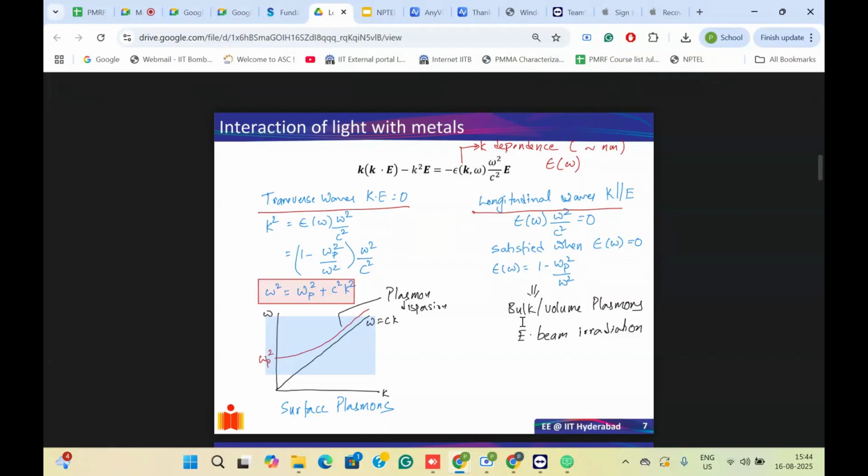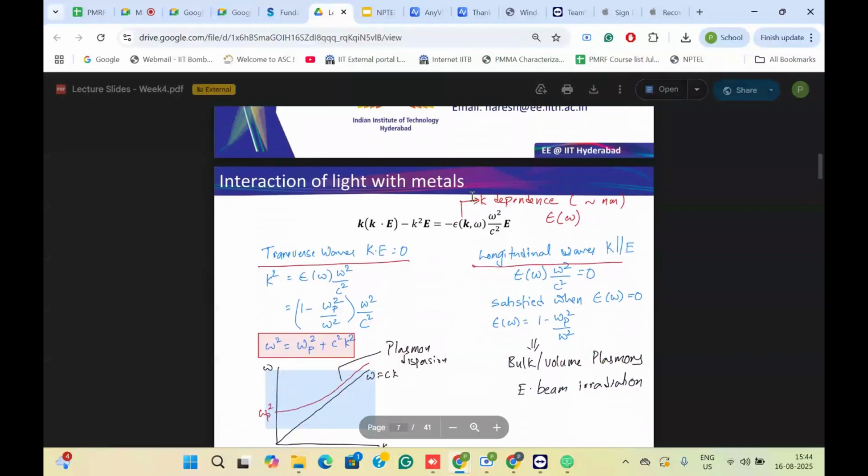Now the other case happens when we have the longitudinal wave. In that case, the wave vector is parallel to the electric field. Then k dot E minus k square E, so we go back to this equation.